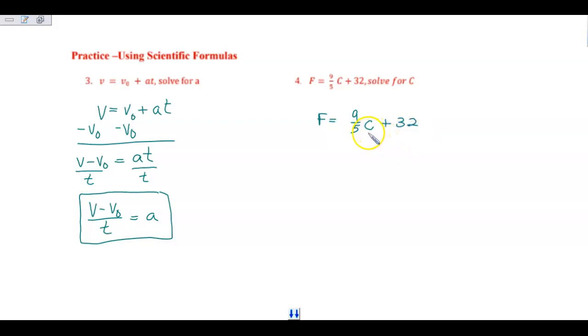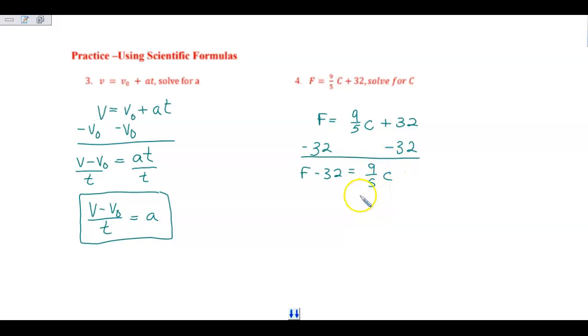To get C by itself, I need to move this and this. So I'm going to move the 32 first. And I'm going to get F minus 32 is equal to 9/5 C.